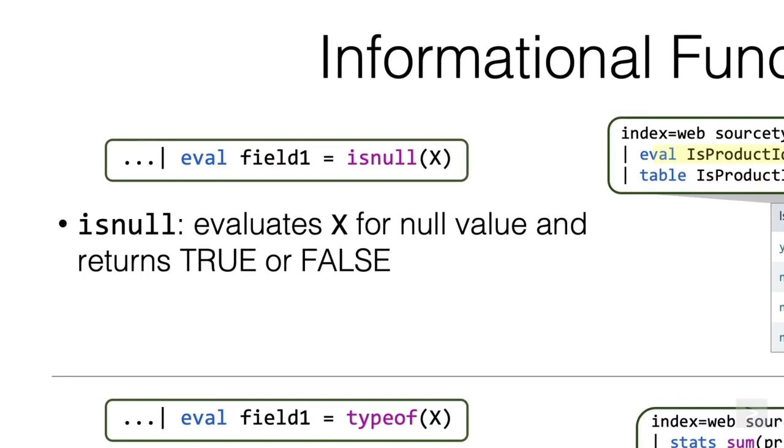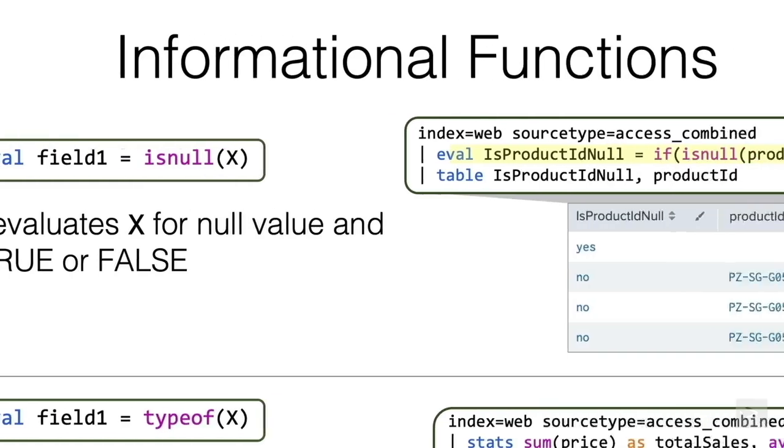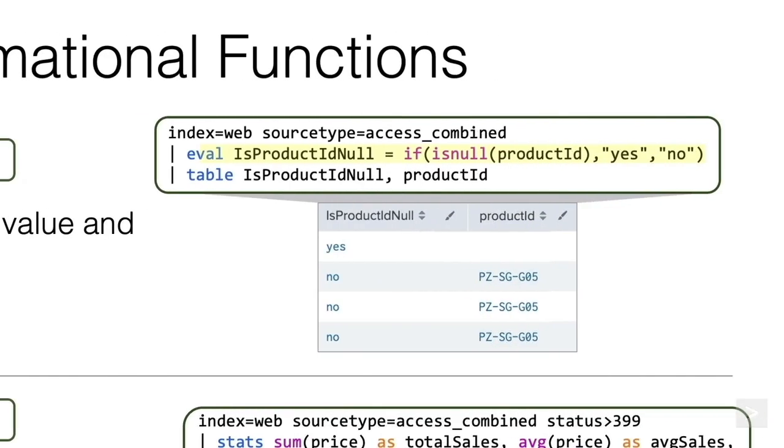Starting off with the isNull function, we can see that this function returns true or false depending on whether the value is null or not for the field passed in as an argument. So we're interested in whether we have a product ID within an event. And if there is no product ID value within an event, isNull will return true.